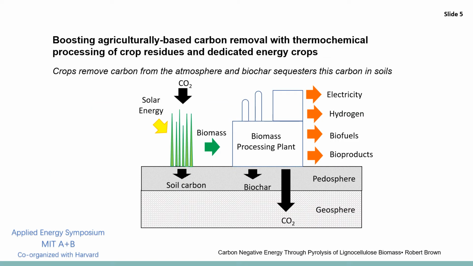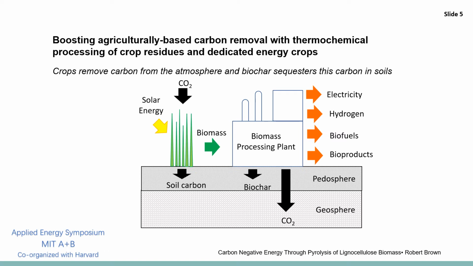We would like to boost carbon removal in agricultural lands through thermochemical processing of crop residues and dedicated energy crops. So we start with photosynthesis, which is going to remove carbon dioxide by the power of solar energy, converted into biomass. Some of that will also be used to generate soil carbon.